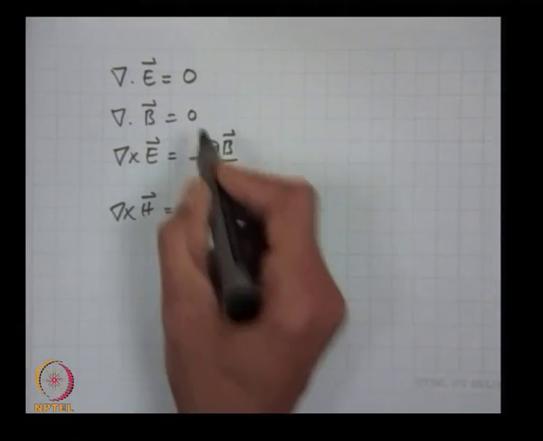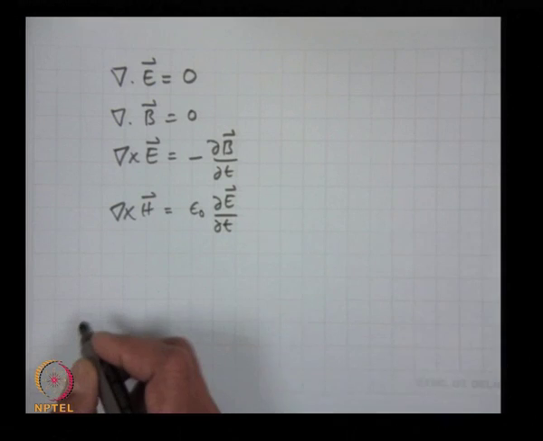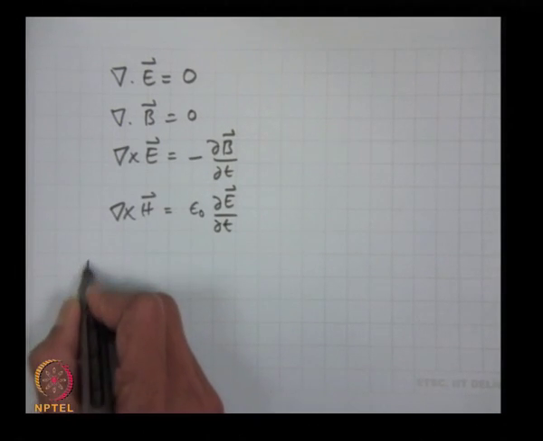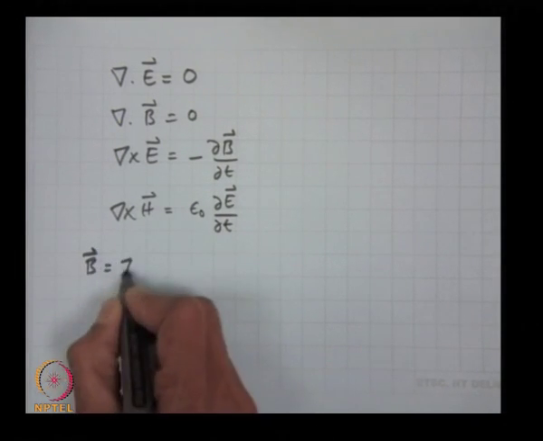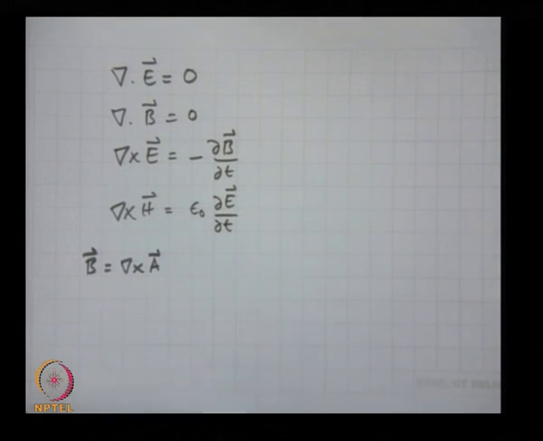Okay, this equation, divergence B is equal to 0, tells me B can be written as the curl of A. In fact, that is a very general equation, whether it is materials or no material, free space, etc. And what is A called? The vector potential.